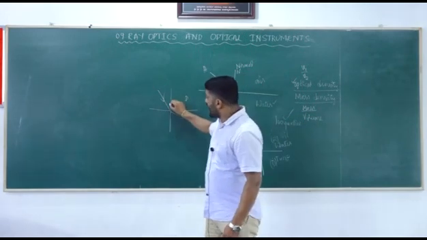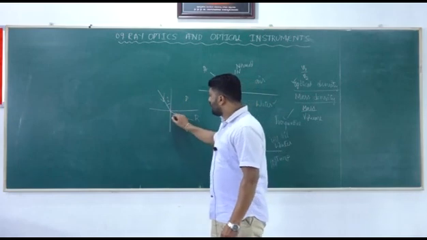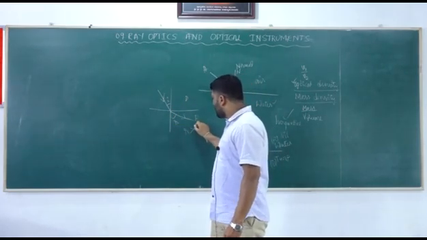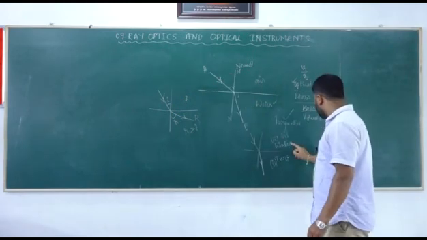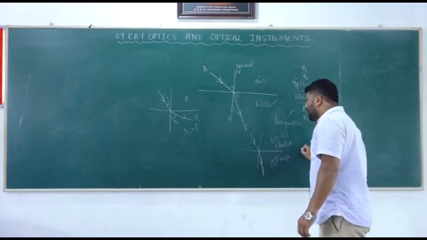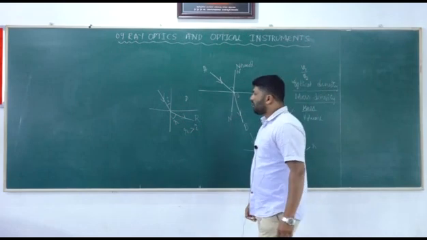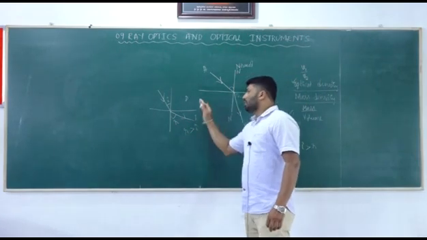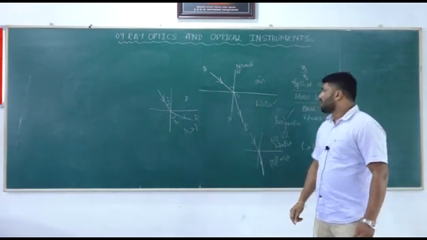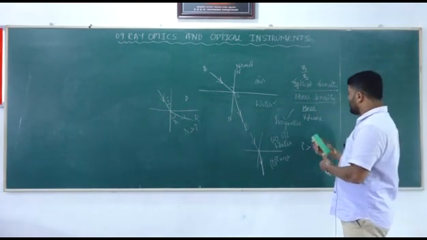Here the angle of incidence is lesser than the angle of refraction, so R is greater than I. In the case of water to turpentine, I is greater than R, due to the difference in optical densities.